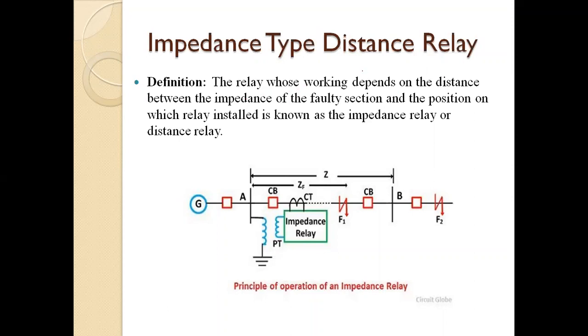So we are measuring impedance between the fault occurred and the actual value or set value of the impedance we are comparing here again. So this relay whose working depends on the distance between the impedance of faulty section and position on which the relay is installed is known as impedance relay or distance relay.